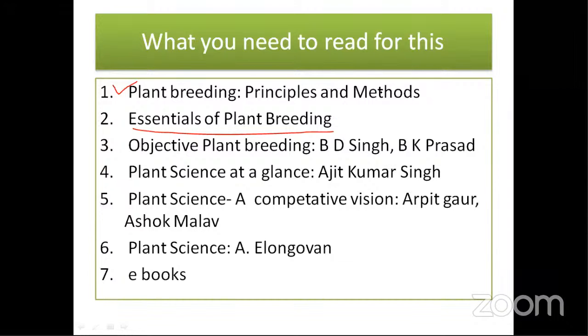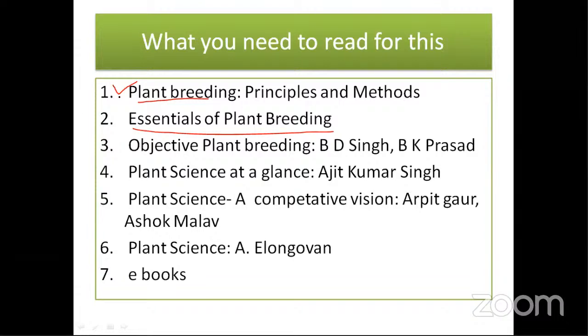Whoever has already started with this will continue. Whoever has not started, since it is already December and you don't have much time, I'll not force you to go through this. But if you find some time, wherever I mention important chapters where the concepts are very important, you have to go through BD Singh, especially for portions like male sterility and self incompatibility and some other chapters.